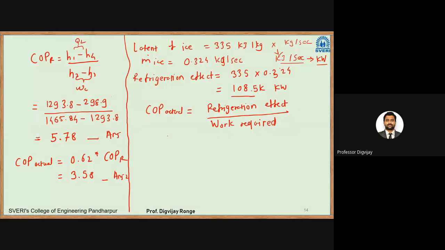So COP actual, 3.58, is equal to 108.54 divided by compressor work. So this will be your answer. Whatever the answer will be, see, this unit is kilowatt, and COP doesn't have any unit. So the unit of this will be kilowatt again.